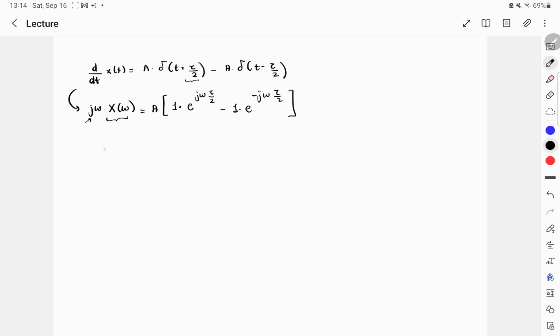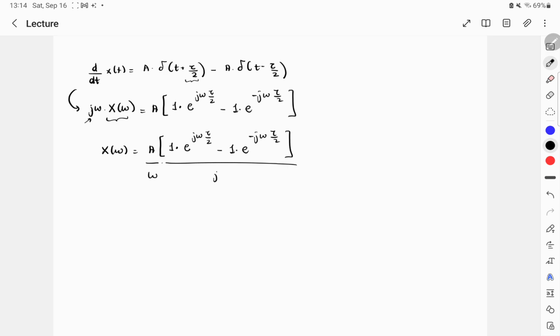So what do we have as a result? Let me copy and paste this section, and we have the same thing divided by j omega. Let me write it like this, omega here and j here, and these two expressions are multiplied.